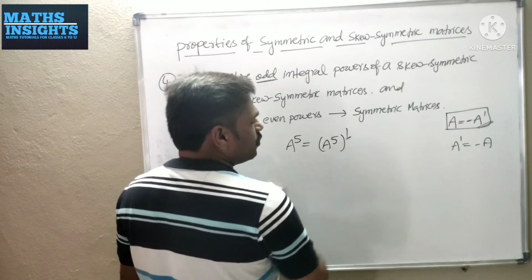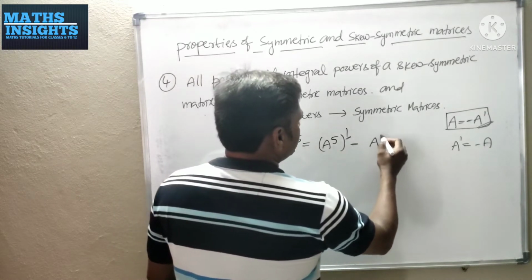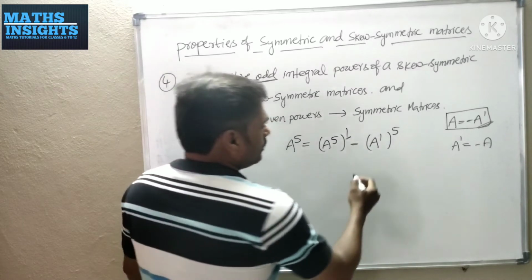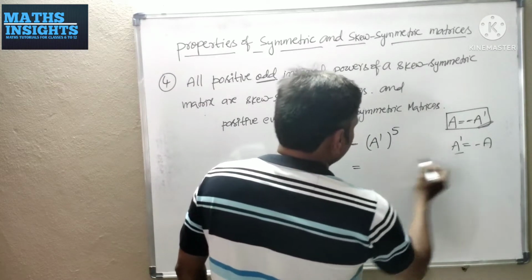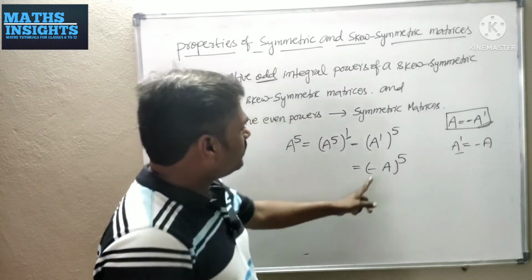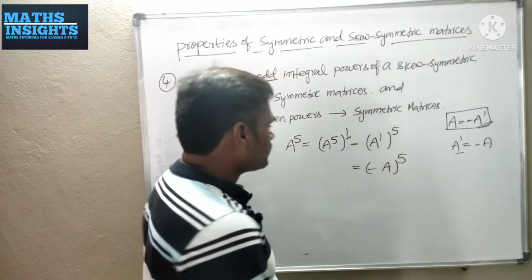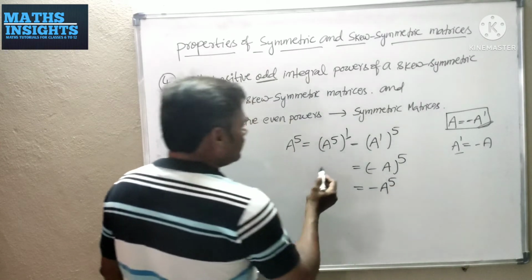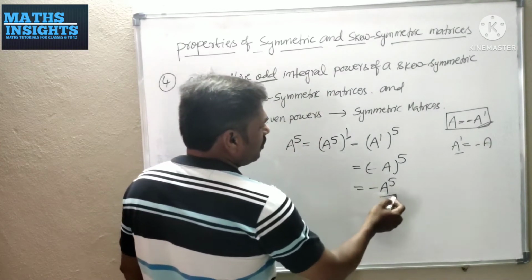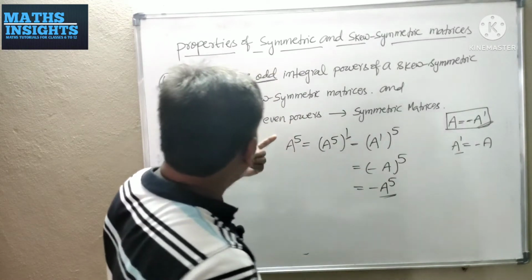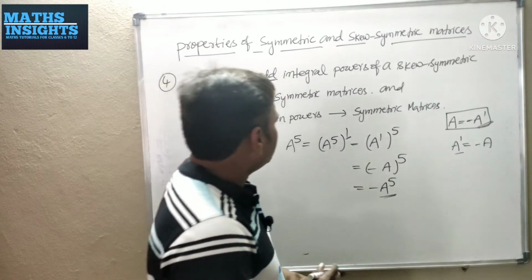I am doing the transpose, that is equal to A dash whole power 5, but A dash is equal to minus A, whole power 5. If you multiply this an odd number of times, you will get minus again, therefore minus A power 5. Whatever the matrix you have taken, you got the negative of that on doing the transpose. Therefore, this is said to be a skew symmetric matrix.